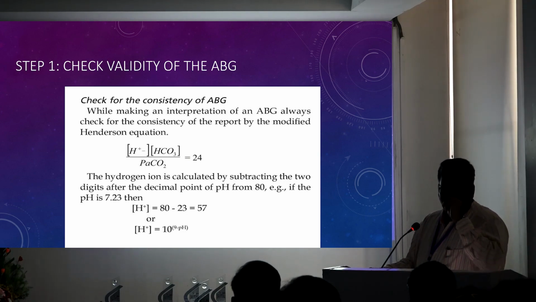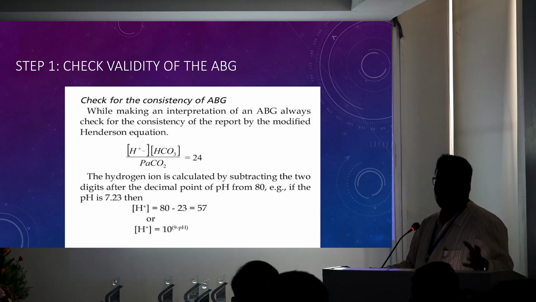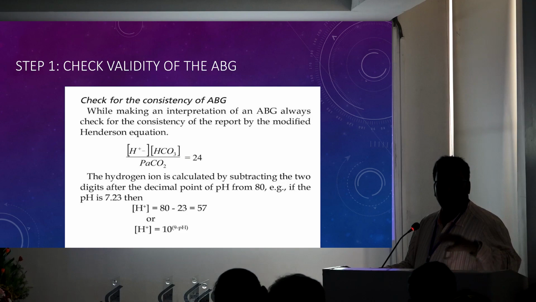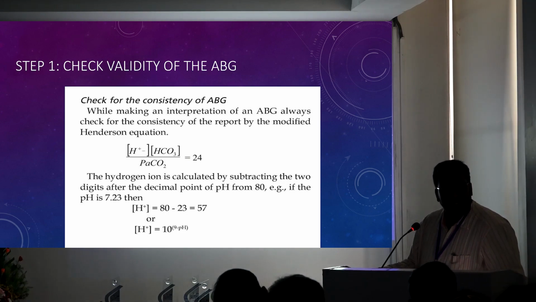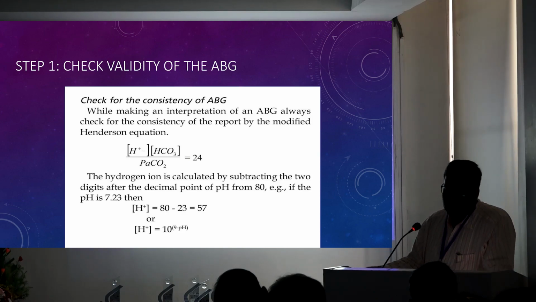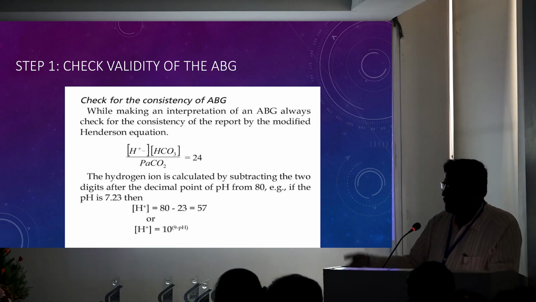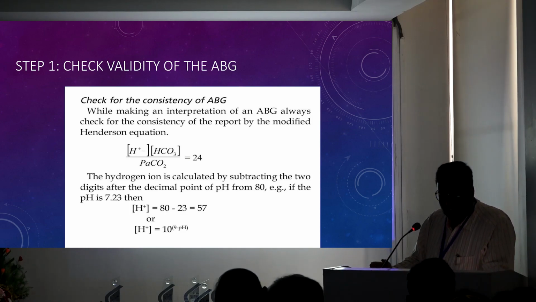Because acid-base disorders cannot be approached without proper electrolyte levels, as we need to calculate the anion gap and so on if there is anything like that. The H plus we get in the form of pH in an ABG report, so we need to convert the pH into hydrogen ion concentration.